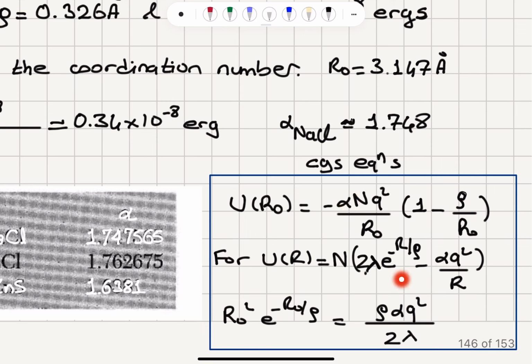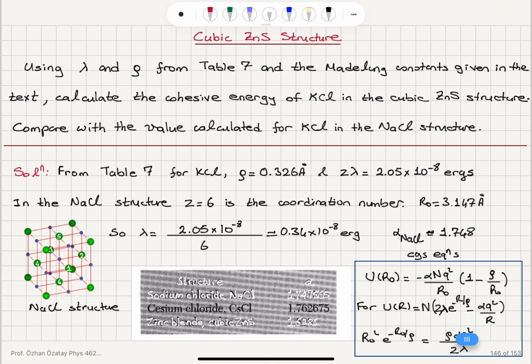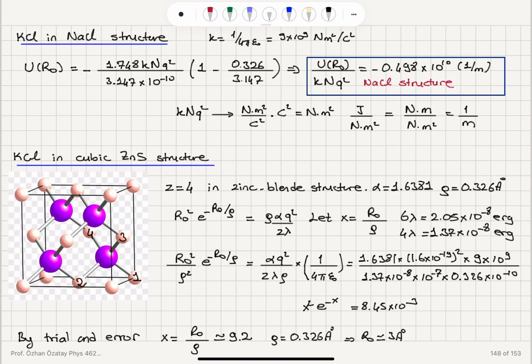So this is our repulsive term due to Pauli exclusion, and this is our attractive term due to Coulomb interaction. Okay, so we can find lambda value from Z lambda, noting that Z is equal to 6. Alpha is given, so we substitute these numbers into the cohesive energy. We find minus 0.498 times 10 to the 10 in 1/meters. Instead of capital N Q square, we use K, the Coulomb constant, times capital N Q square to convert to SI units.